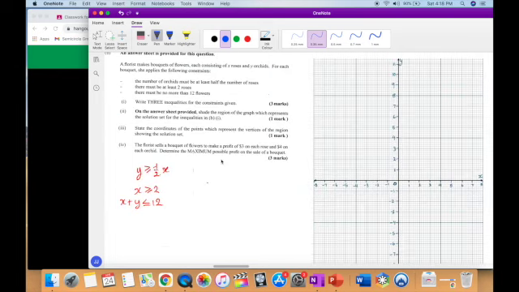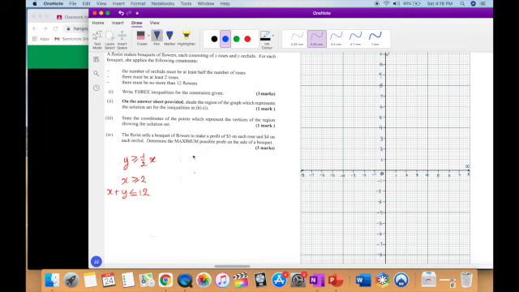Alright, so let's draw the line Y is equal to a half X. So obviously if X is 2, Y is going to be a half X, which is 1. Right? And if X is 4, Y is a half X, which is 2. And if X is 0, Y is a half of 0, which is 0, right?